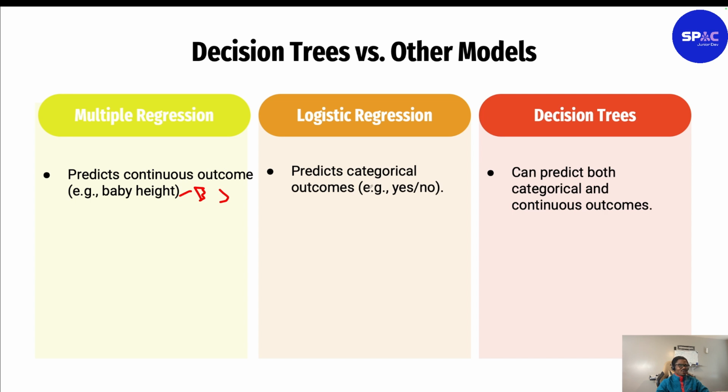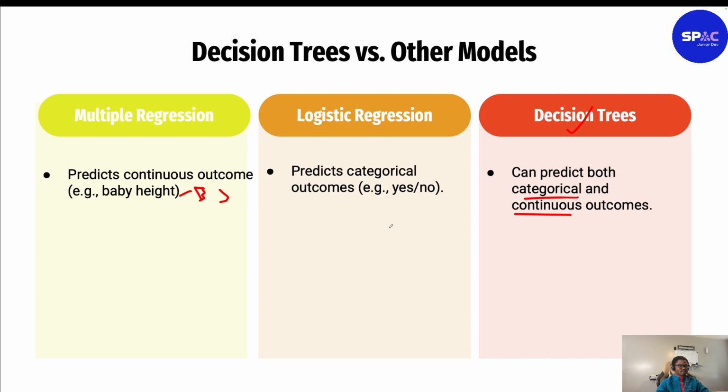So multiple regression can predict continuous outcome. Logistic can only predict categorical outcome, like yes or no. But decision tree can actually predict continuous and categorical outcome. You see, that's why it is really good, right? It does what logistic does and what multiple regression does.